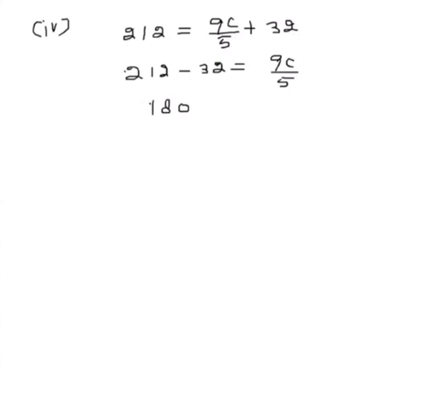This difference is 180, and take 9 by 5 to the other side, it becomes 5 by 9 equals c. So the c value is 100 degrees Celsius.